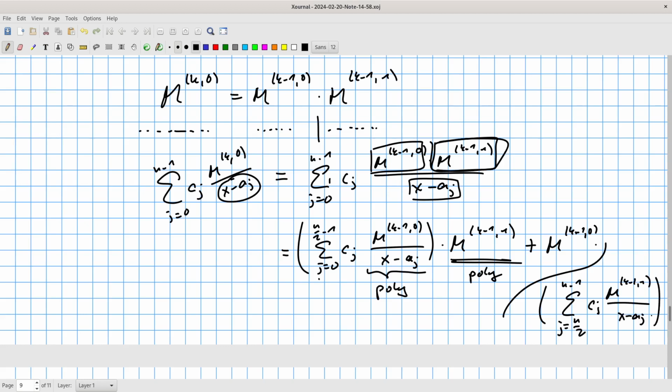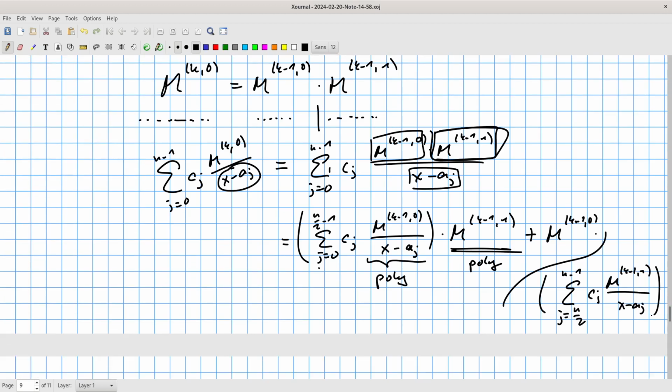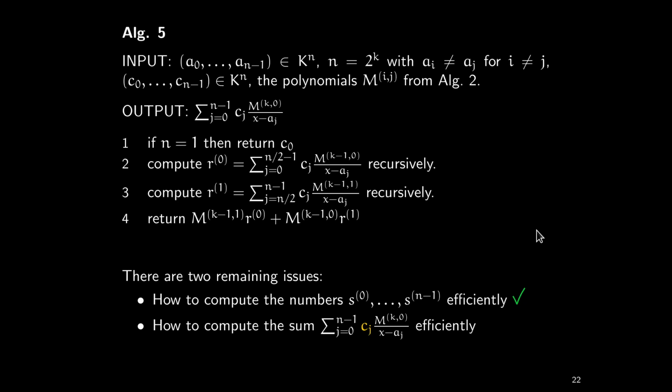Okay, so this is the idea of the algorithm. I can do this one recursively and this one recursively, and then I have to do this and this multiplication and this addition, which doesn't cost a lot.